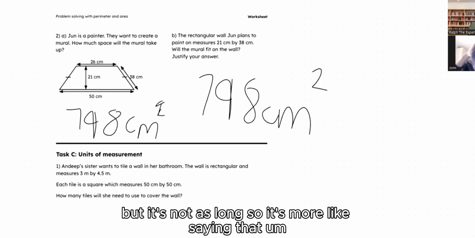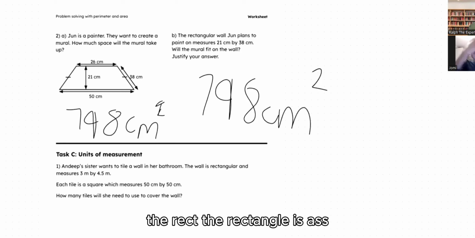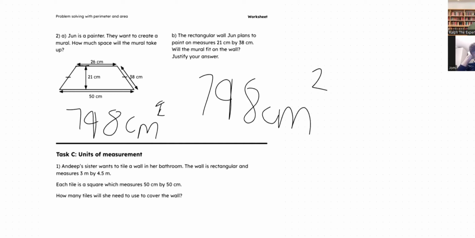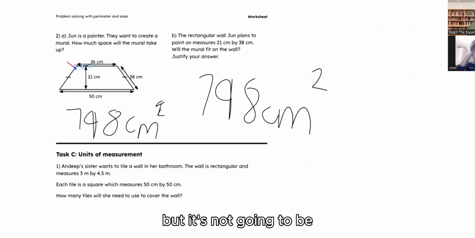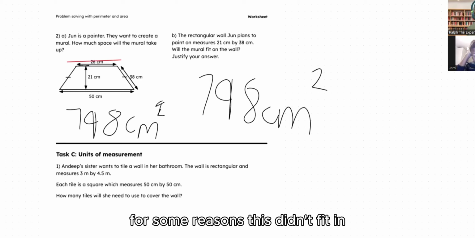So it's more like saying that the rectangle is as, let me use a line. The rectangle may be this long, all right, but for some reasons this didn't fit in.